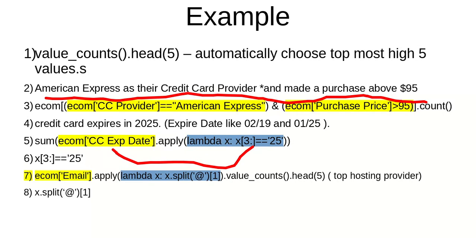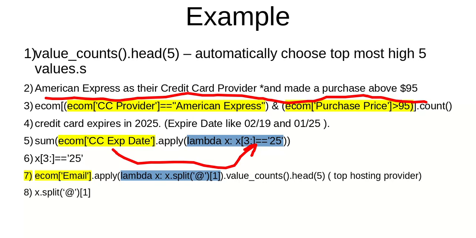In this string we are slicing the value from after the character 3. So 0 1 2 3, it is 19, this is 25. So it will identify how many counts there are and represent them.